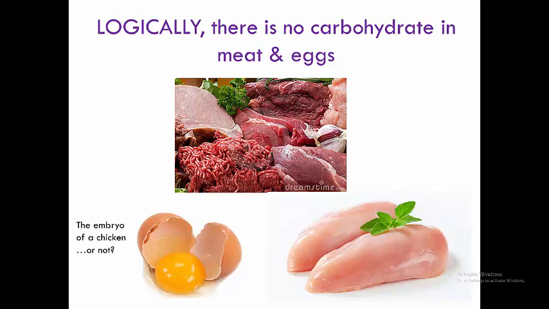Now, you've heard me state repeatedly, now and previously, that there is no carbohydrate in meat and eggs. I've said repeatedly, all foods except meat and eggs contain carbohydrate. Can you understand why that is? Again, living organisms have a heartbeat.